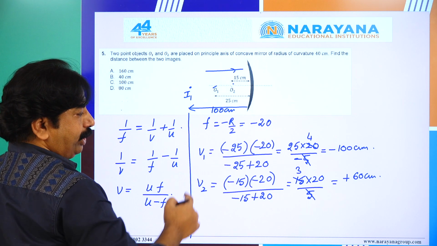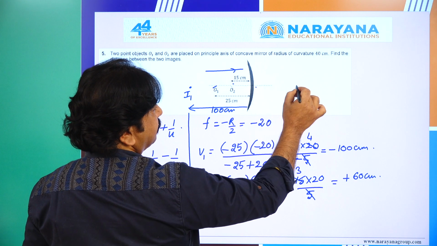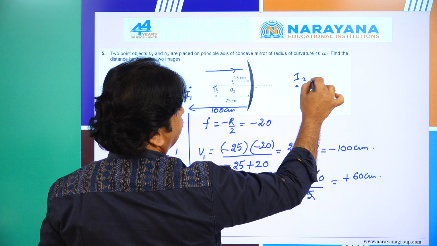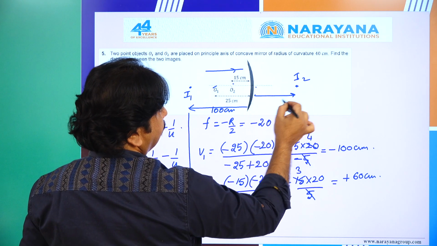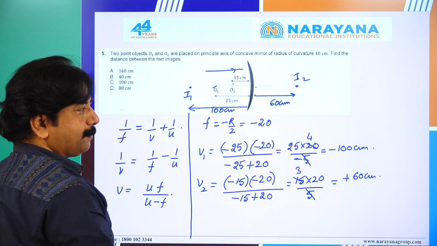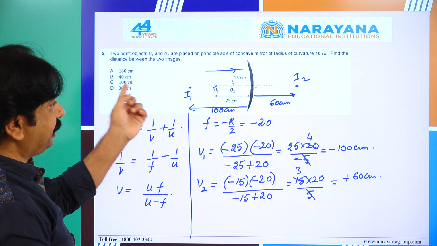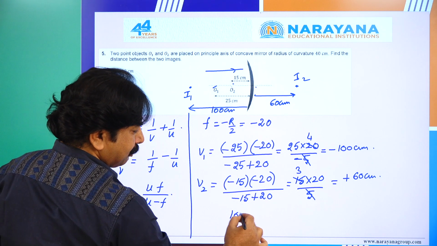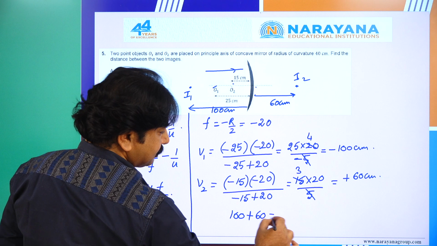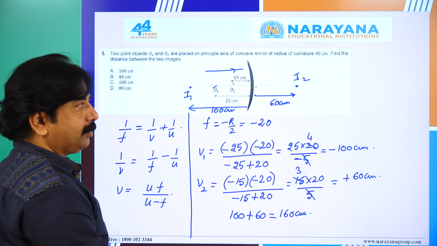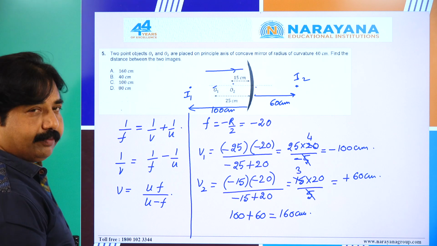While v2, the image due to O2, that is I2 only. The distance of this one is 60 centimeters, since it is positive. Now the separation between I1 and I2 is nothing but 100 plus 60, 160 centimeters only. This is the fifth question.